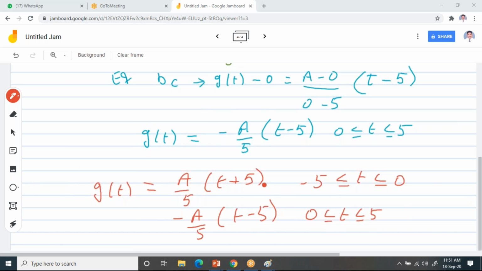One is existing from minus 5 to 0 with the equation a by 5 into t plus 5, and another is existing from 0 to 5 with the equation minus a by 5 into t minus 5. Can you find the Fourier transform by applying the limits or not? Please post it in the chat box.